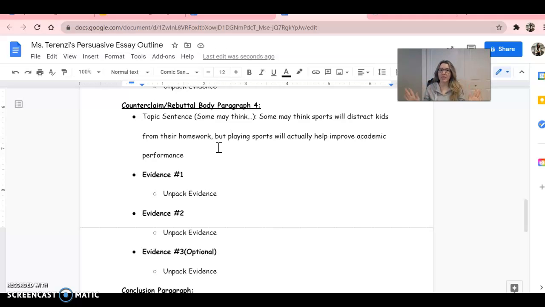I don't want to just leave it there because I want to tell the reader that I'm going to argue against that. So I'm going to continue on and prove them wrong. Some may think sports will distract kids from their homework, but playing sports will actually help improve their academic performance. So in that topic sentence for your counterclaim, you want to state what the counter argument might be, but then also clue them in as to what your rebuttal is going to be. So that complete sentence should have both parts, okay?